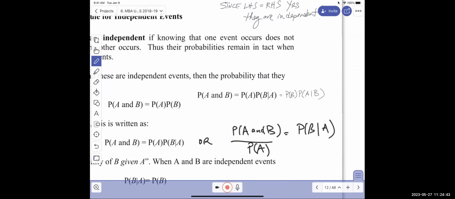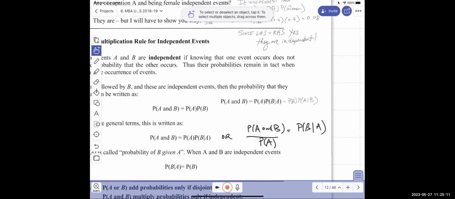Those should all be the same number. So what we just did above was calculate the probability of women given event A, occupation A. That's what we did above. So we did this ourselves.